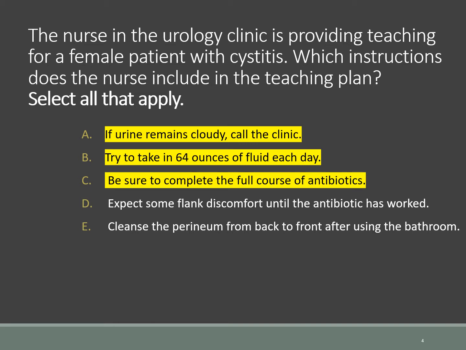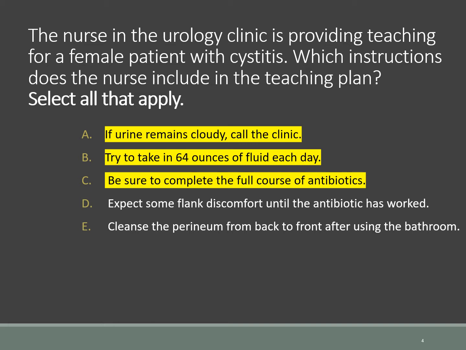Between 64 and 100 ounces of fluid should be taken daily to dilute bacteria and prevent infection. Not completing the course of antibiotics could suppress the bacteria, but it wouldn't destroy all the bacteria. This causes the infection to resurface and possibly be resistant. For persistent symptoms of infection, the patient should contact the provider.